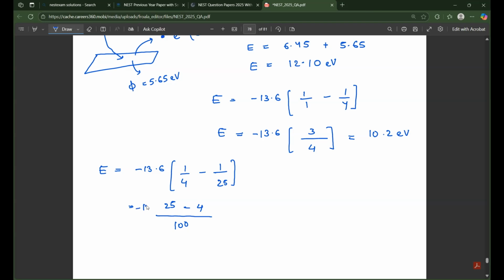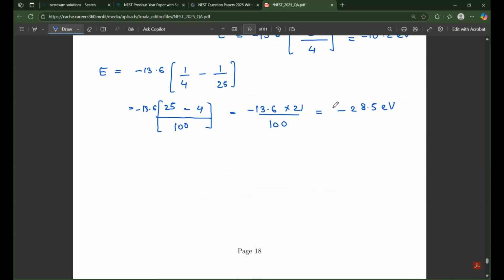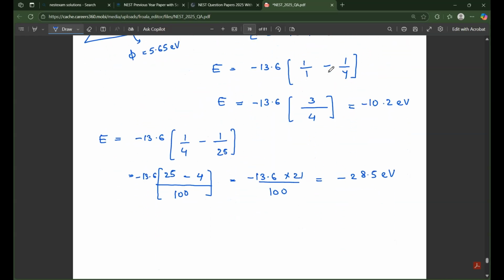Here we get minus 13.6 into 21 by 100, which is about 2.85 electron volt. This is much smaller. We just need 12.1 electron volt. So let's check a little higher than this.